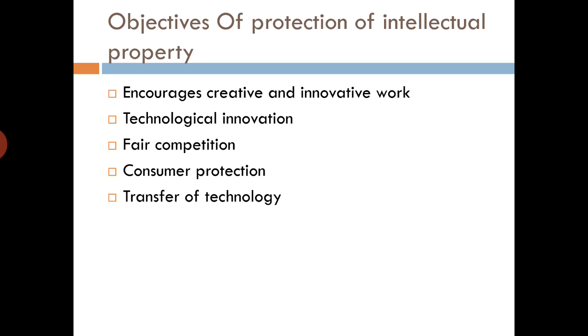So there needs to be some kind of protection of this creative work, which requires IPR Acts. Then technological innovation. If you have invented some technology, it needs to be protected so that no one can copy it and sell it in the name of the originator.